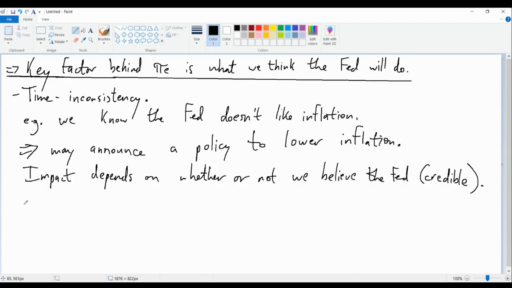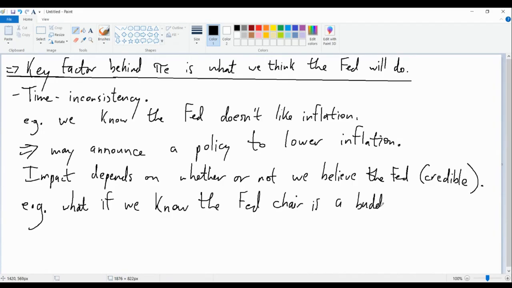Now, what might there be that makes the Fed credible or not credible? Here's an example of something that would make the Fed's announcements that they're going to keep inflation low not credible. For example, what if we knew that the Fed chair is a friend of the president?